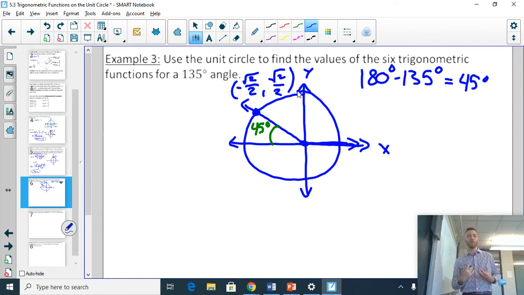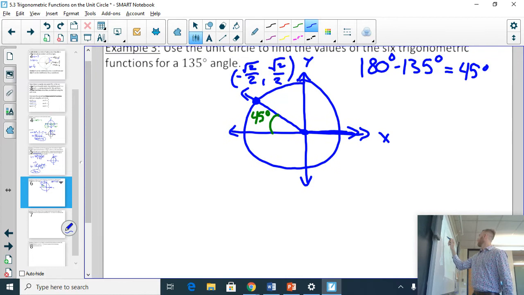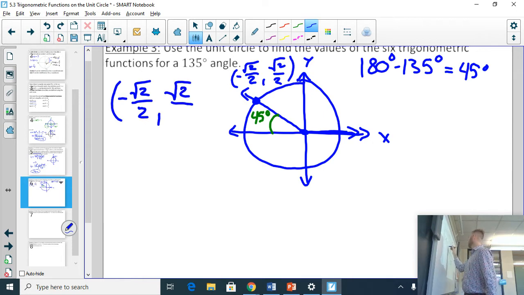So that's what the unit circle helps you to identify, is that you're negative there. So that's where it intersects the unit circle. And now we're going to use that to identify all. So I'm going to rewrite it over here. We have negative square root 2 over 2 and positive square root 2 over 2.